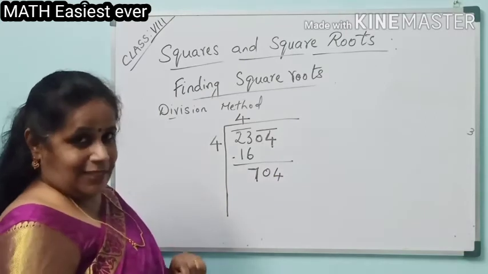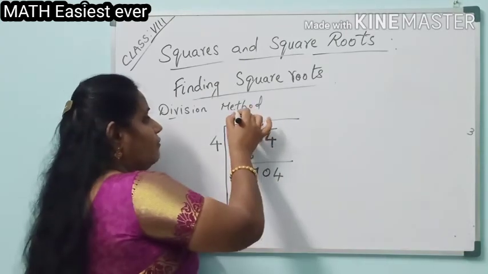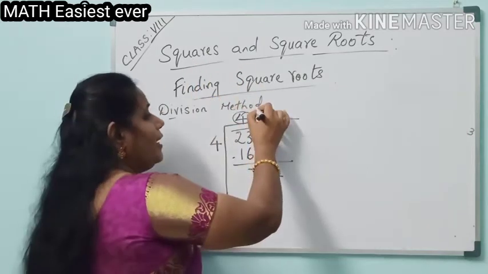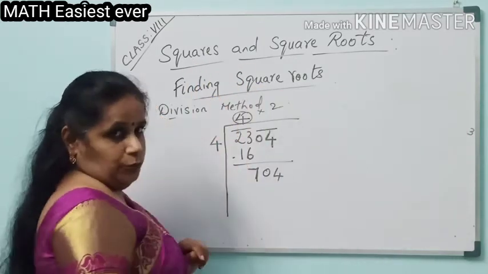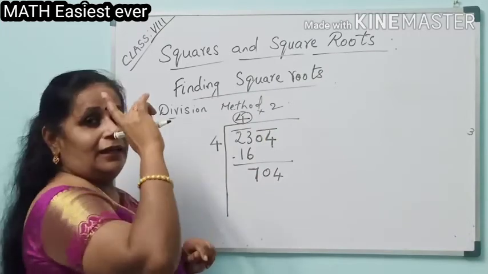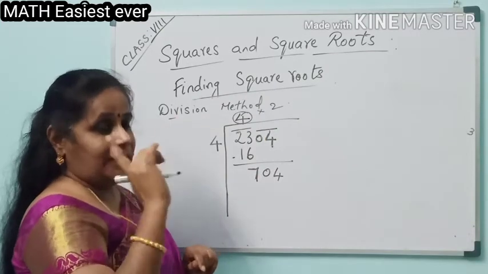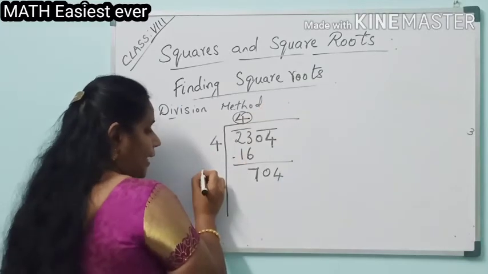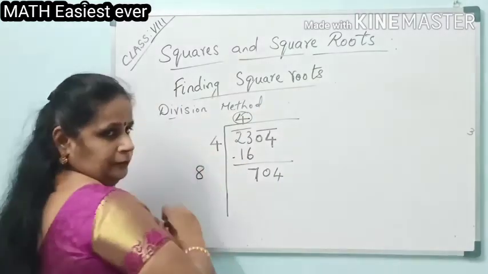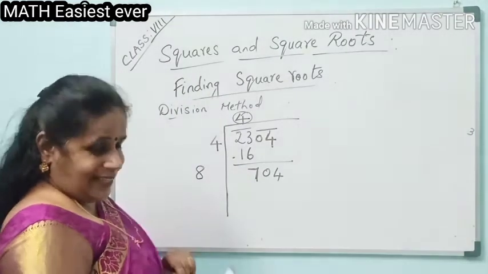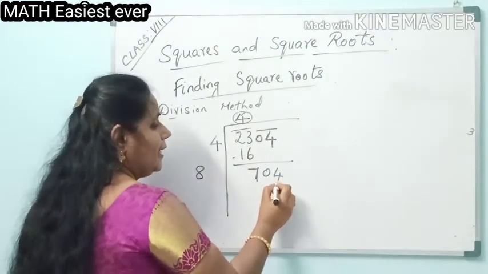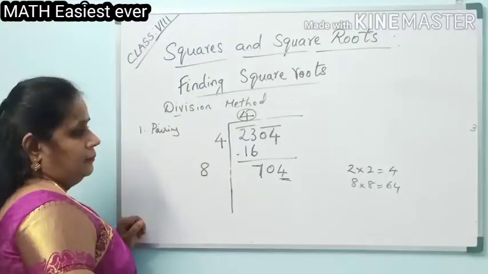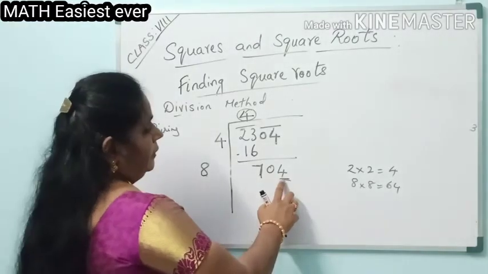Now your next step is, take the quotient, this 4, and always multiply it with 2. So what is 4 into 2? 4 twos are 8. That 8 you should write here. Now your next step is, see the last digit, or ones place, which is 4.